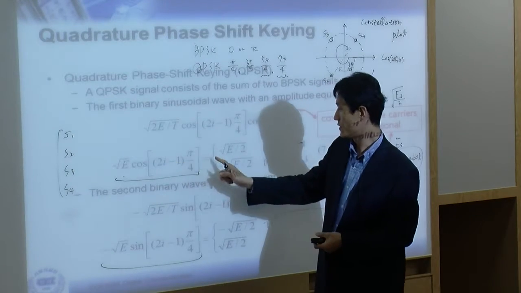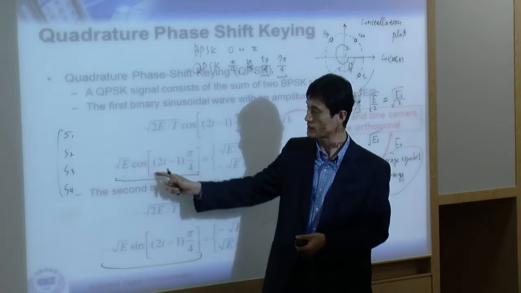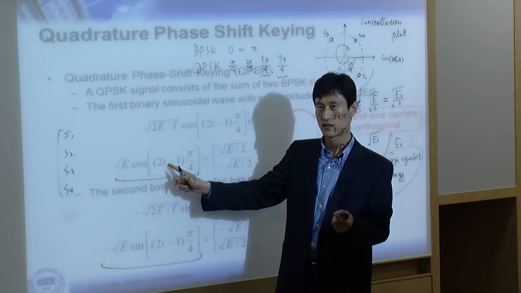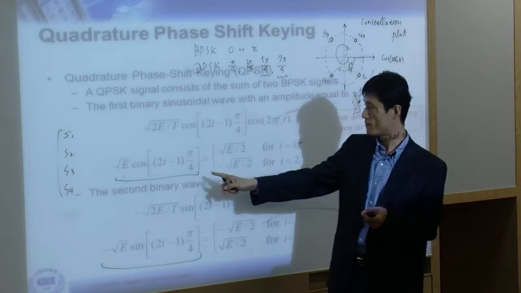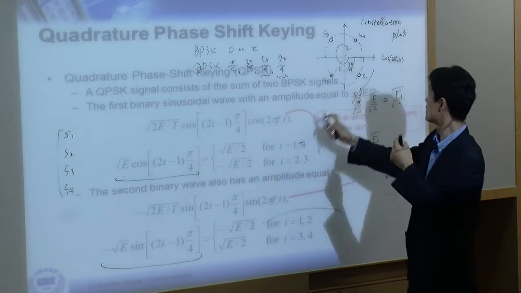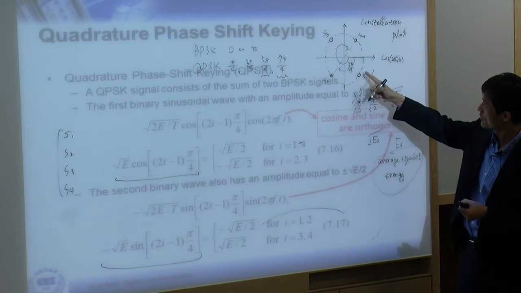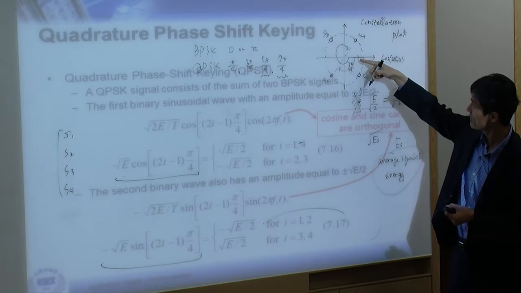Now this value is going to be either this one or this one, because this is simply cosine anyway. So when I equals 1 and 4, you're going to get a positive value. But when I equals 2 or 3, you're going to get a negative value. You can easily see it, right? When I equals 1, your cosine will be positive, and when I equals 4, again positive.